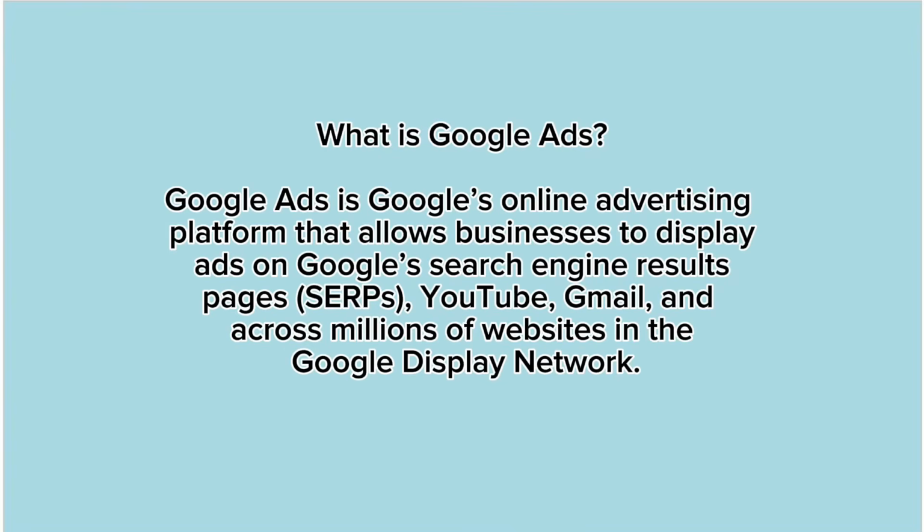What is Google Ads? Google Ads is Google's online advertising platform that allows businesses to display ads on Google's search engine results pages, SERPs, YouTube, Gmail, and across millions of websites in the Google Display Network.